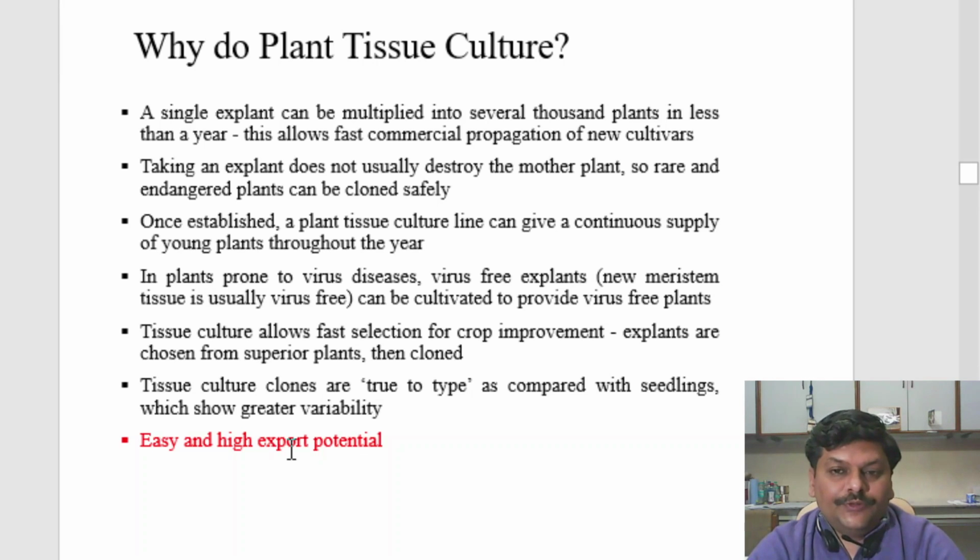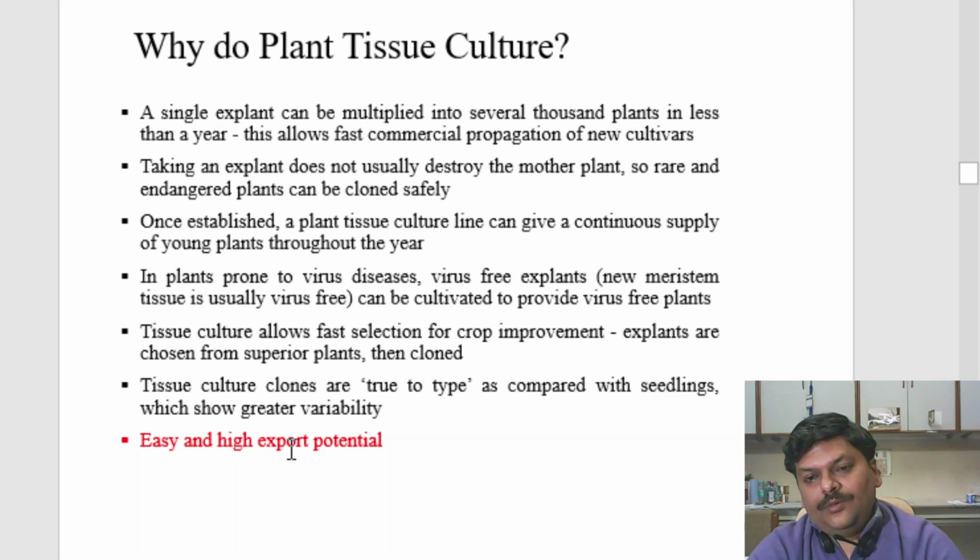And third, because they have higher quality, they have easy and high export potential to foreign countries. For example, most of the orchids which we see these days in our market originate from one single country, Thailand.